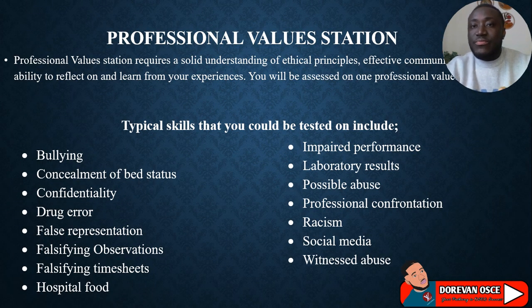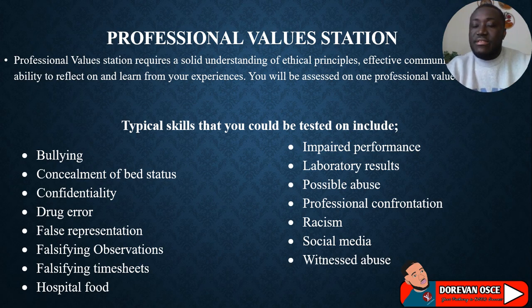Now let's move to the professional skills or professional values station. At the professional values station, it requires you, the candidate, to show your understanding of the ethical principles, how you can effectively communicate and then reflect and learn from your experiences.